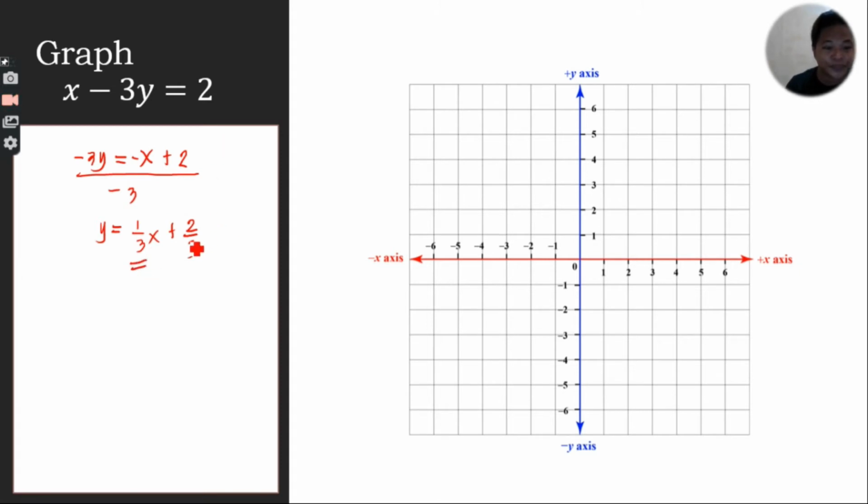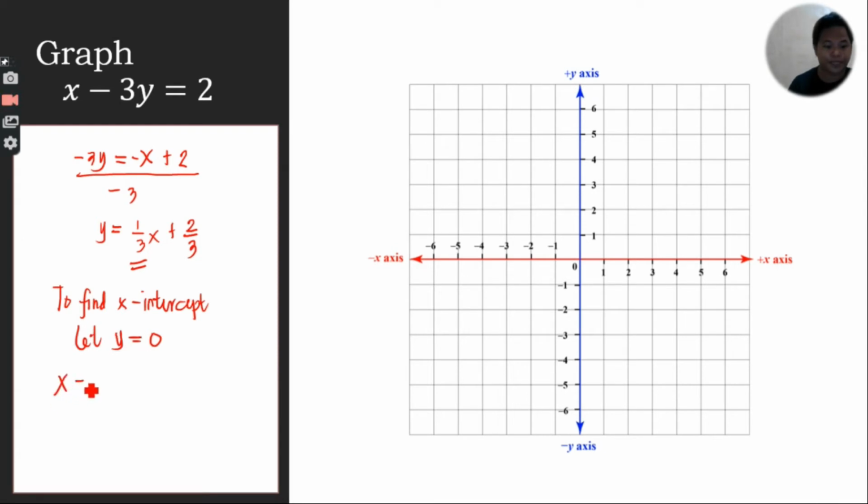Since we have a fractional y-intercept, we can use another method to find a point which is a whole number. So we can find the value of our x-intercept. In finding the x-intercept, we let y equal to 0.